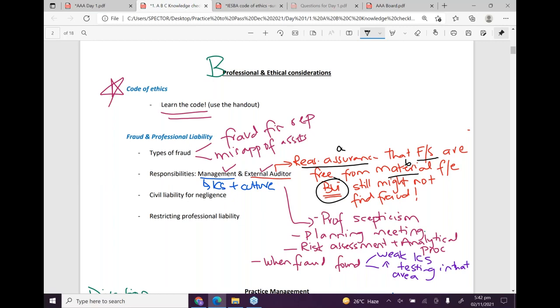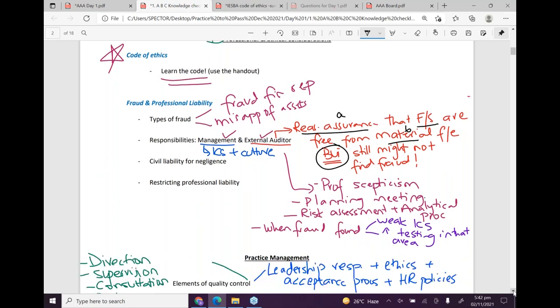For example, and she writes this in her standard answers, if fraud has been done through collusion, or if the management has used sophisticated accounting techniques, or if it's an immaterial fraud of very small amounts, etc. So you start off with explaining that as an auditor, I'm only giving reasonable assurance and I'm only going to do that on material fraud and error.